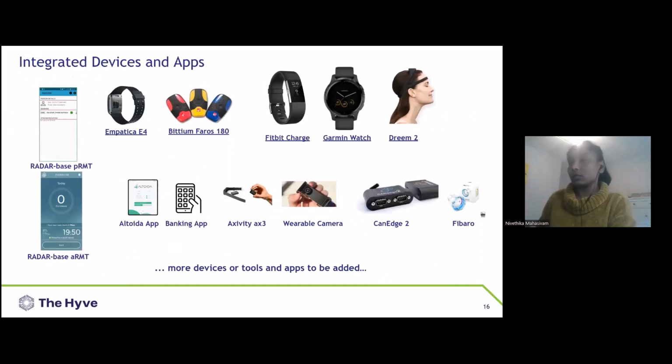Here you can see some of the devices and apps that are supported. The RADAR-base passive RMT and active RMT are the apps that we have built as part of the platform. As I said, the passive RMT can get data from the native sensors, or it can pair with additional devices. And the active RMT gathers questionnaire data.